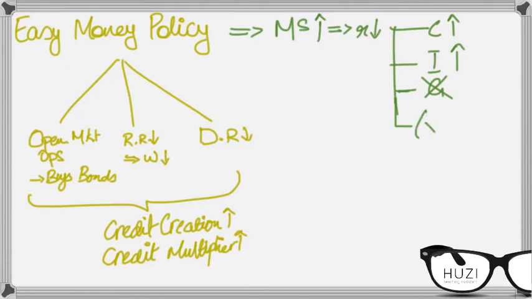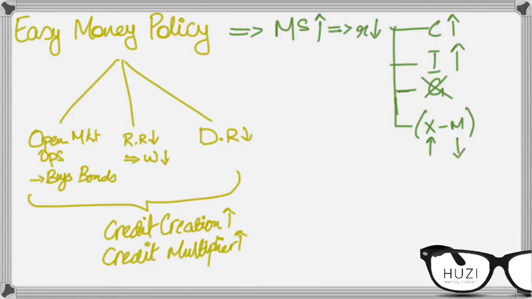Then finally, net exports. Interest rates fall. It is cheaper to purchase imported raw materials, which means that the cost of production falls. Cost of production falls, exports rise, because the price of exports falls, which means that they are now competitive in the world market as compared to goods of other countries.